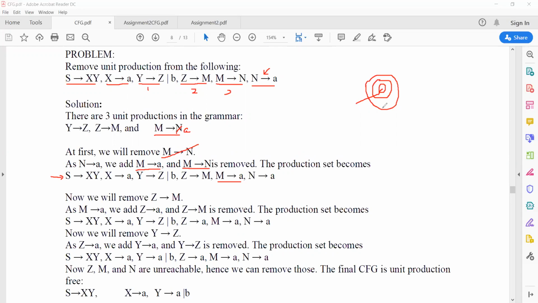That means you have crossed the outer envelope, and now you want to remove the next envelope, that is Z produces M. As you have M produces A, you can very easily remove Z produces M by putting Z produces A. So you add Z produces A and remove Z produces M from the grammar.